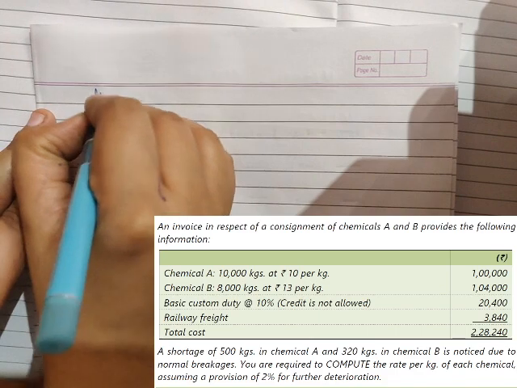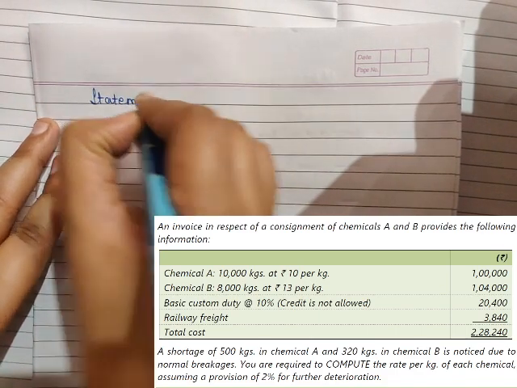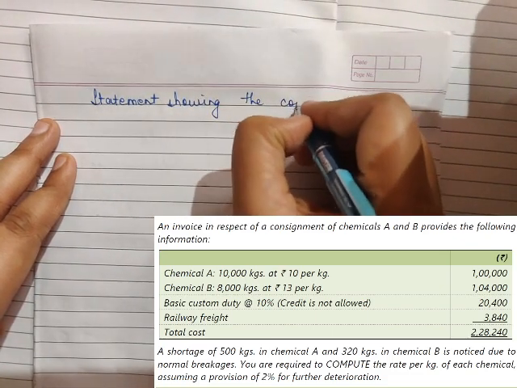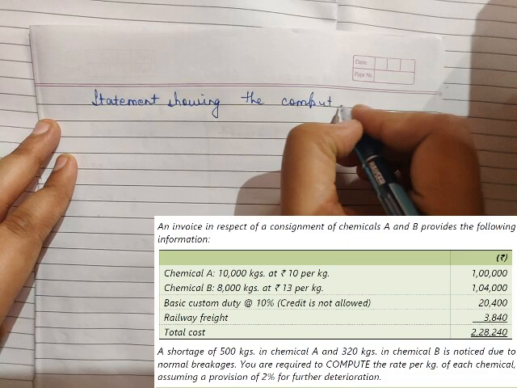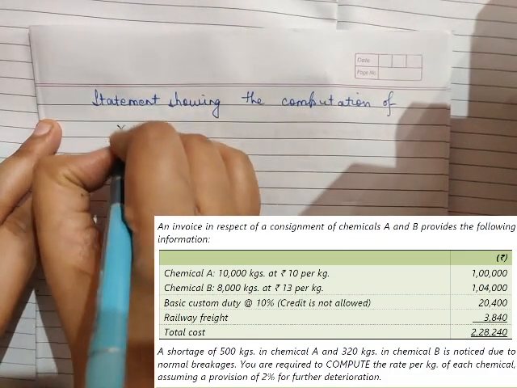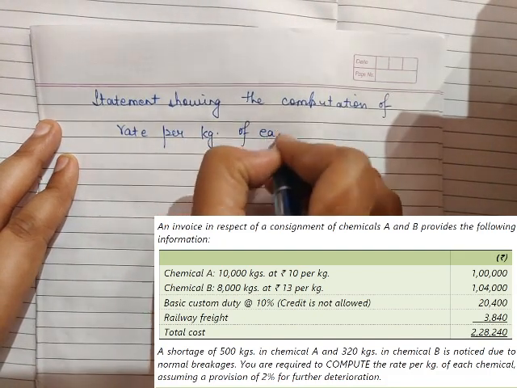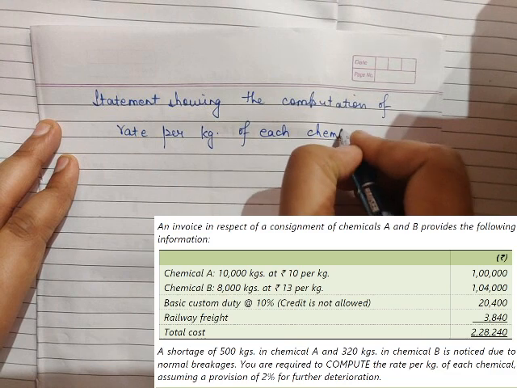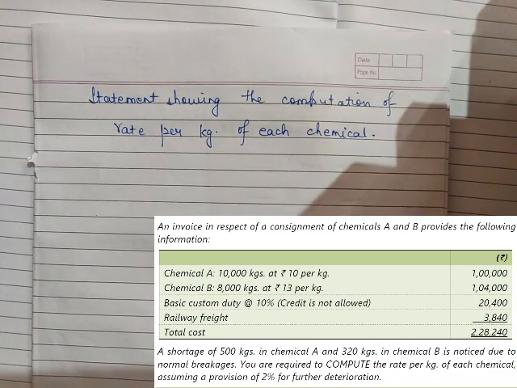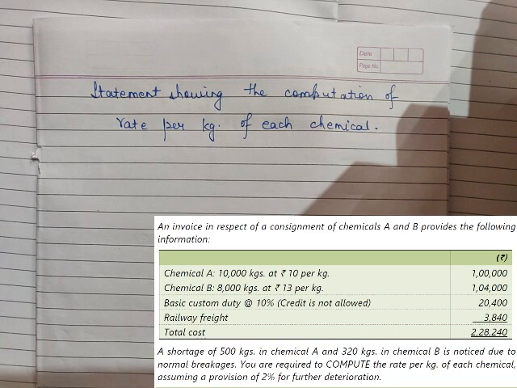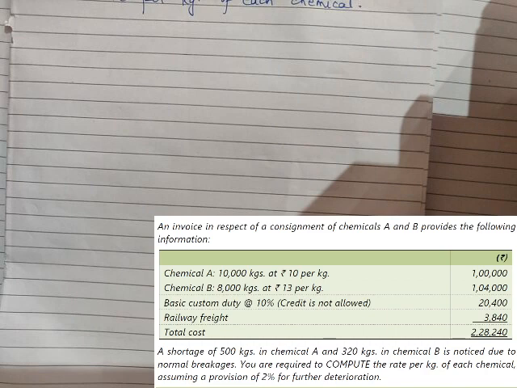So a statement showing the computation of rate per kg of each chemical. The headings are very important. You can change the wordings, but every table or every solution should have a heading. That is, the examiner should know what the solution that you are doing is actually resulting in, what will be the end result of the entire working.